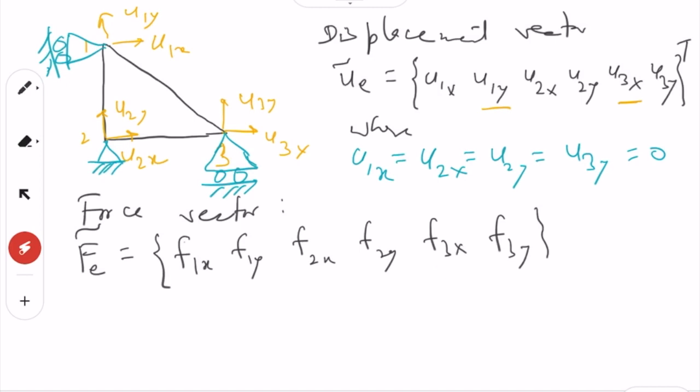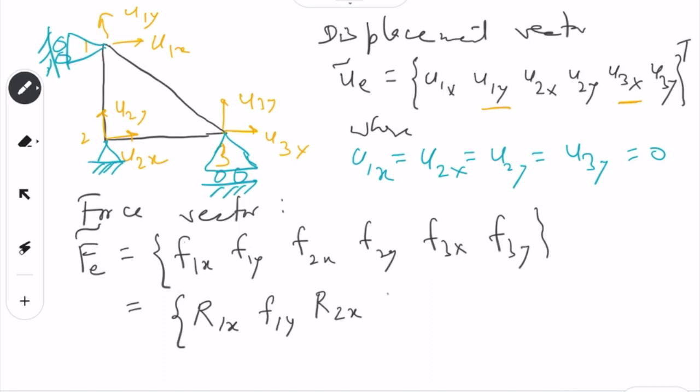Okay. So, we can write it like this. Since these are the reactions, we can write equal to R1x, F1y, that we have to find out. Then R2x, R2y, then F3x, that we have to find out, then R3y.